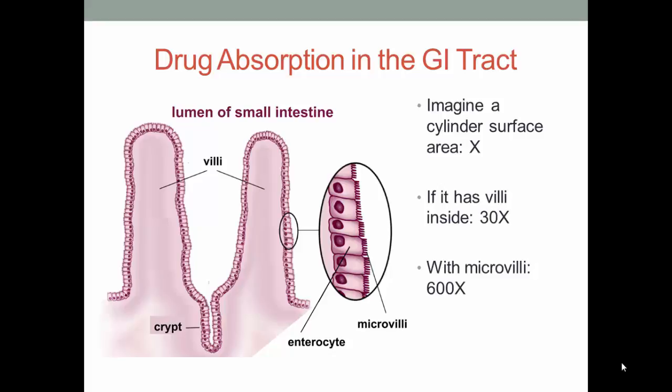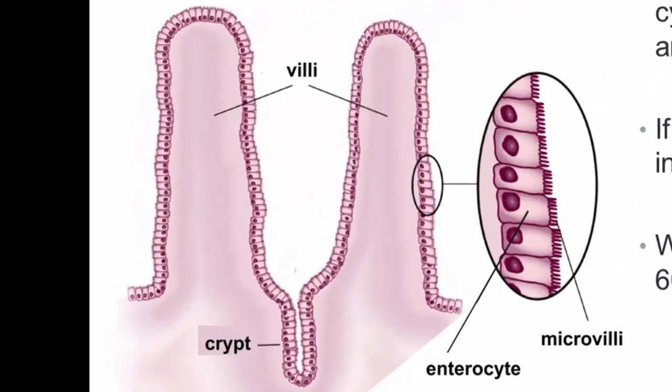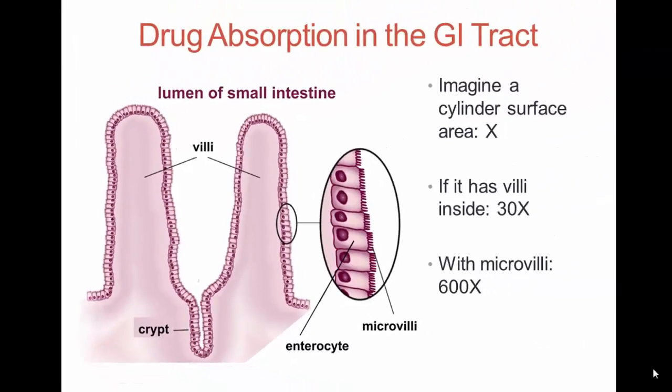Because the duodenum has tiny projections called villi, and these villi in turn have small hair-like projections called microvilli. Imagine the small intestine as a cylinder with a surface area of x.